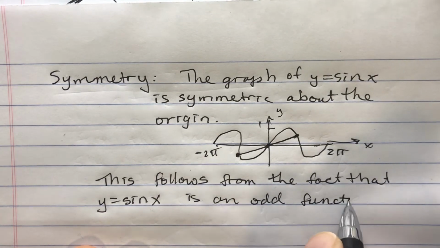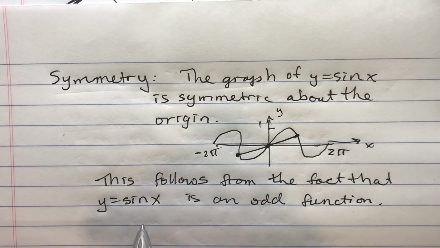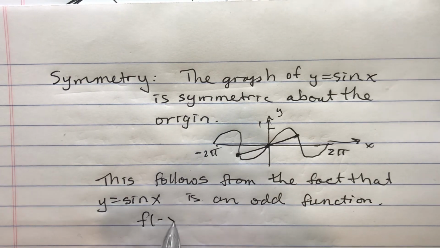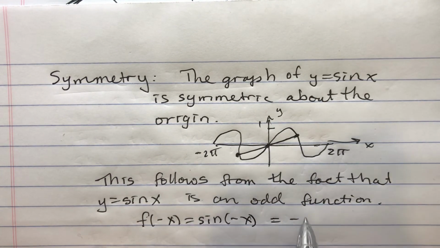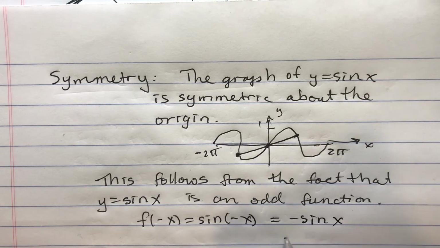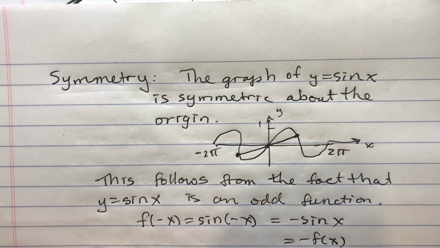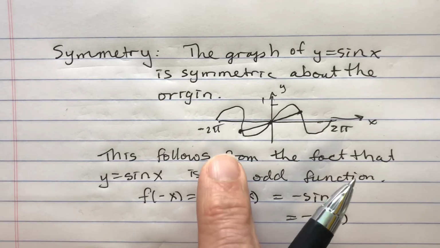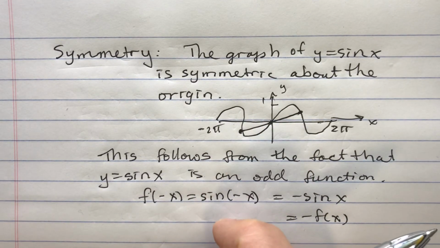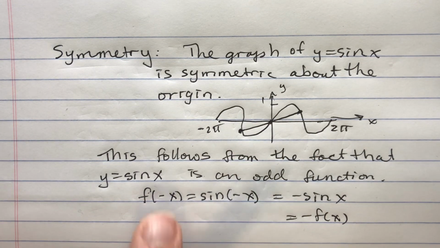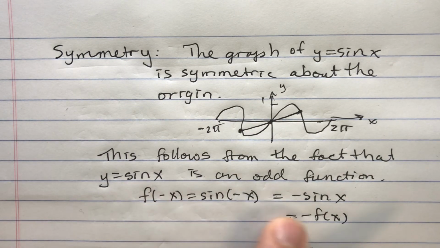It goes hand in hand. One implies the other. So f of negative x equals sine of negative x equals negative sine x equals negative f of x. So sine is an odd function, and a lot of times the way I explain it or remember it is by the symmetry through the origin. Odd functions are symmetric through the origin, and odd means that f of negative x is negative f of x.